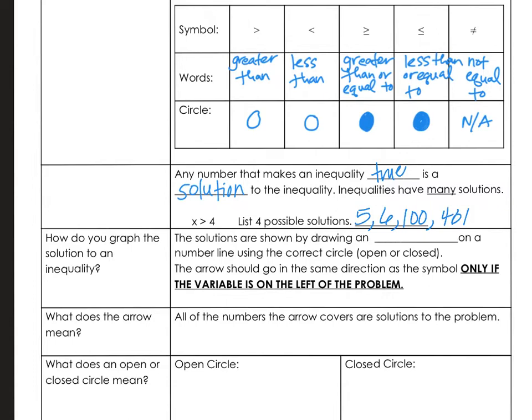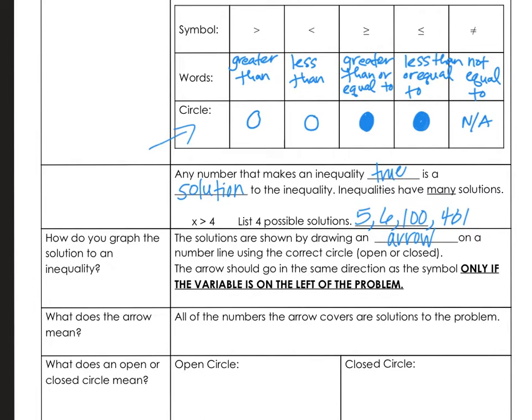How do you graph the solution to an inequality? The solutions are shown by drawing an arrow on a number line using the correct circle, open or closed. Like what I talked about earlier, that's going to come into play when we graph. The arrow should go in the same direction as the symbol only if the variable is on the left of the problem.